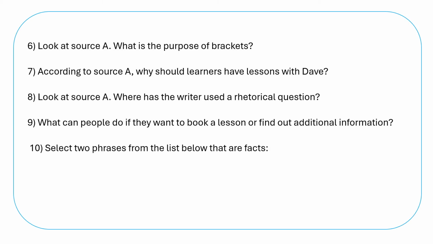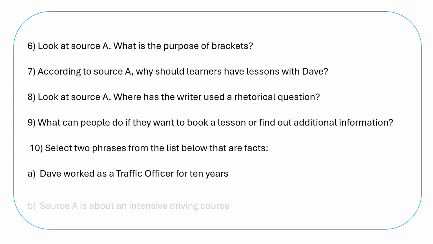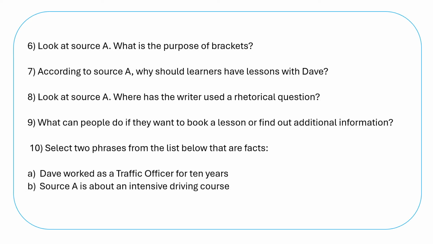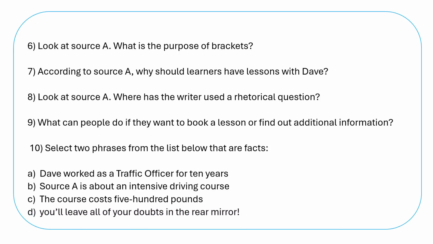And our final one, number 10, select 2 phrases from the list below that are facts. So you could choose from Dave works as a traffic officer for 10 years. Source A is about the intensive driving course. The course costs £500. And finally, you'll leave all your doubts in the rear mirror.